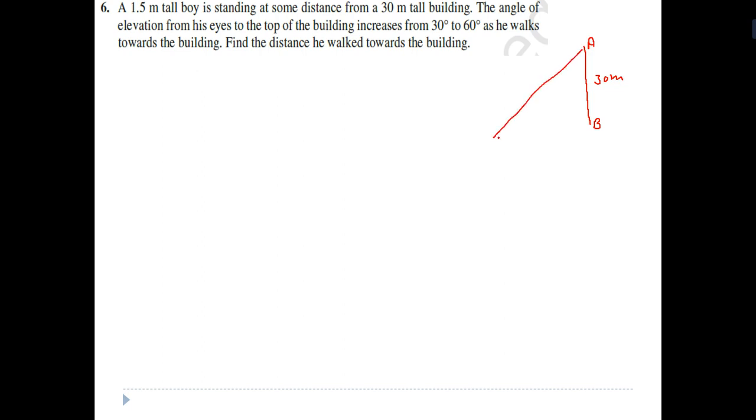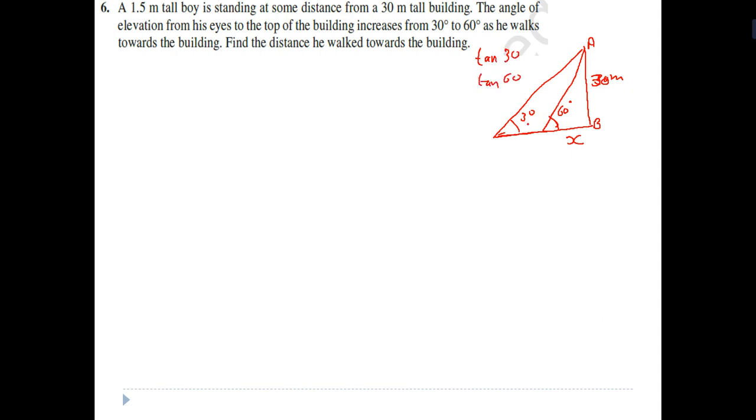When I am far, the angle is less, 30 degrees. If I walk toward the building and look again, the angle must increase, so 30 to 60 degrees as he walks toward the building. Find the distance he walked toward the building. That we have to find. Now we can apply two things, tan 30 and tan 60.